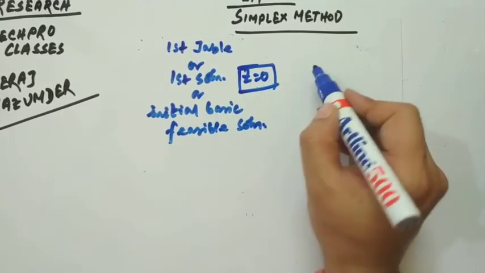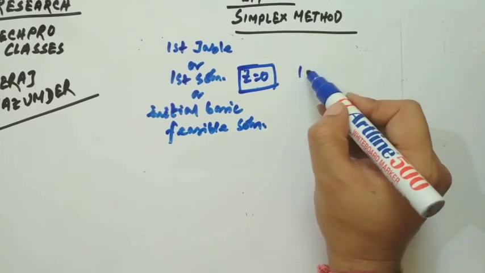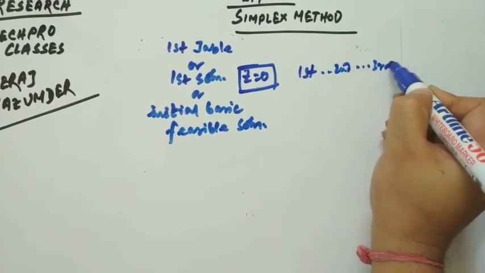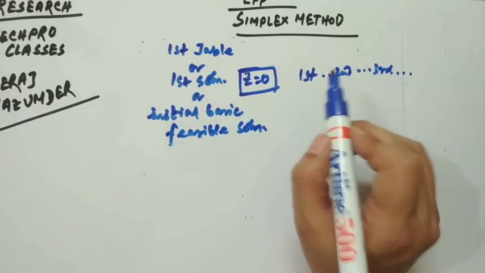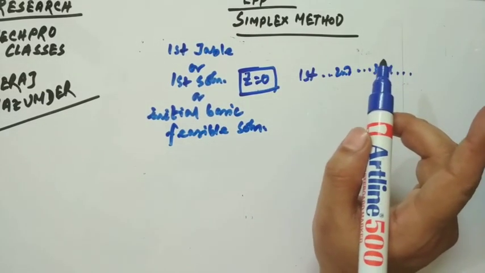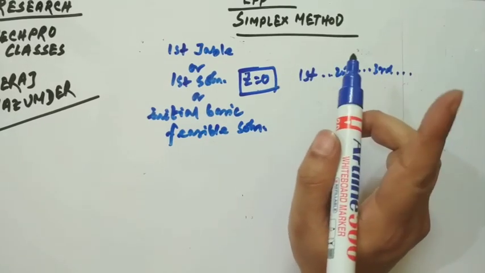Next you have to do iteration. After the first table you have to do the second table, then the third table, and perform this iteration ultimately up to the optimal solution. So you have to operate as many iterations as required.